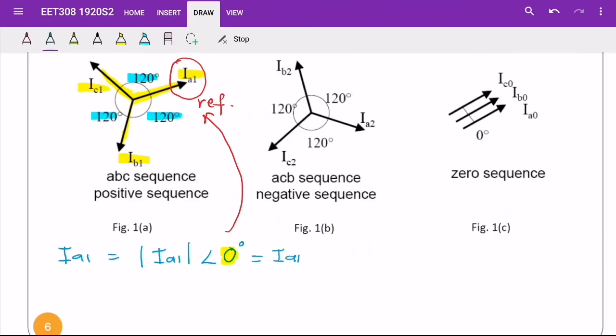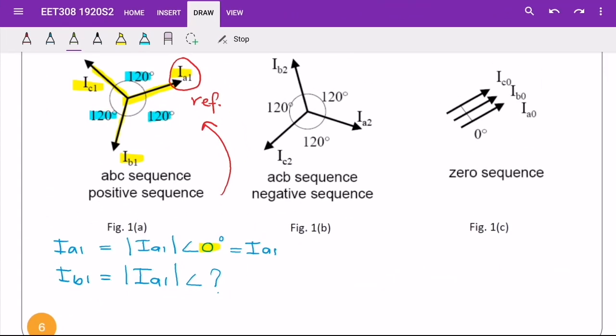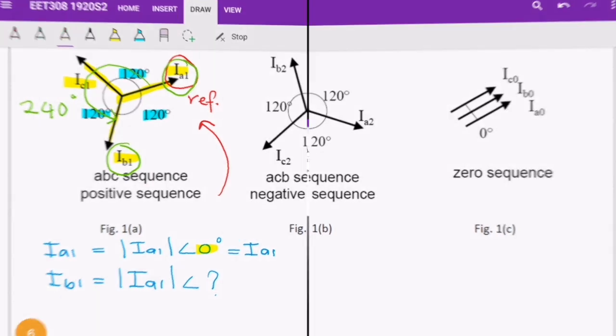Next is the equation for IB1. So IB1 equals IA1, and what is the value for the phase angle for IB1? To calculate the phase angle of IB1, we must refer to the positive sequence phasor diagram. The angle is between reference point IA1 and IB1 in counterclockwise direction. Therefore, the angle is 240 degrees.